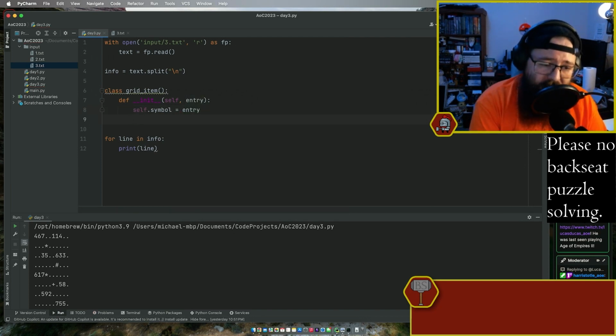Oh, I'm thinking about, this is overly engineered. I'm thinking about making a new grid that is representing a new grid of objects.